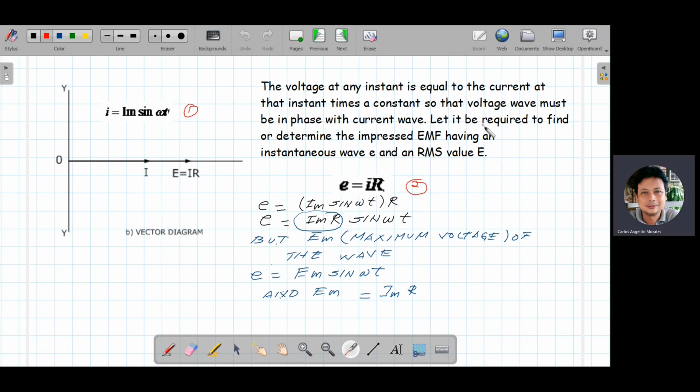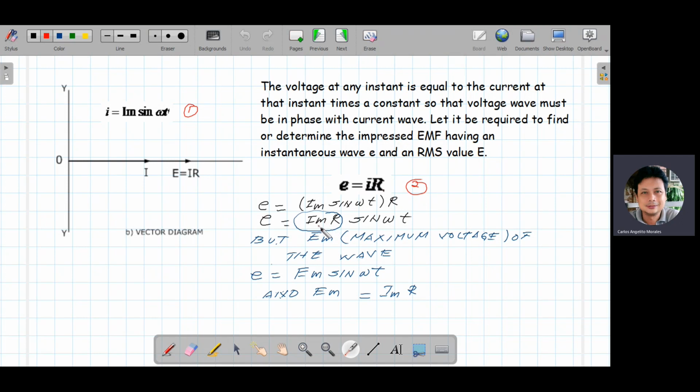So the voltage at any instant is equal to the current at that instant. So let it be required to determine the impressed EMF having an instantaneous value e and an RMS value E. Wherein e is equal to the instantaneous current times the resistance. And then e is equal to I maximum sine omega t multiplied by the resistance.